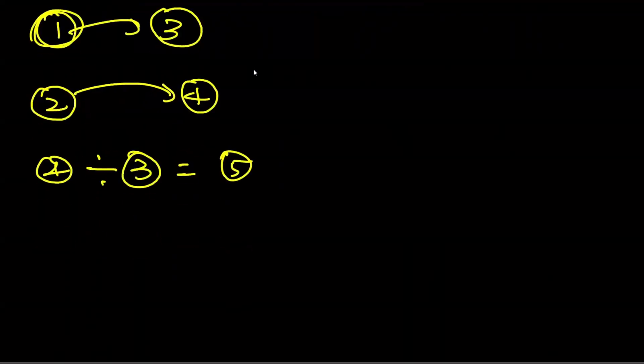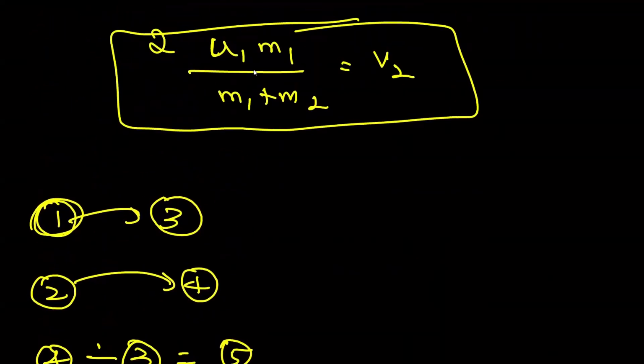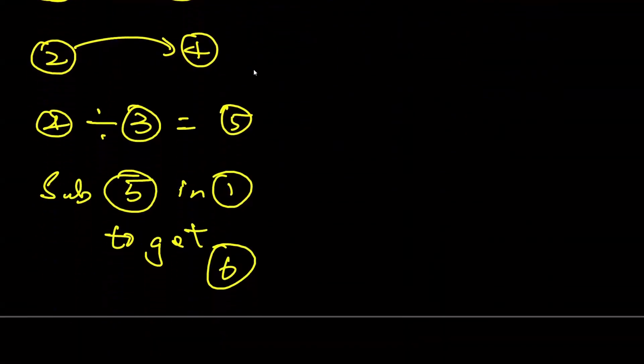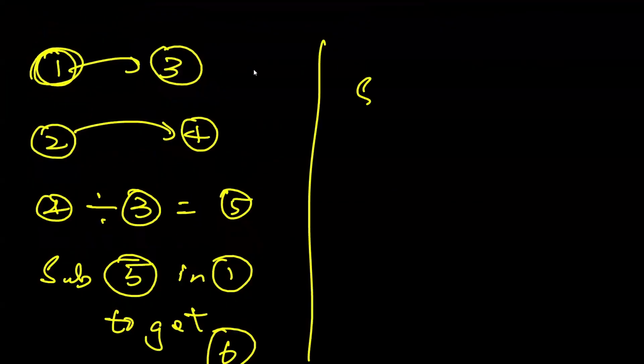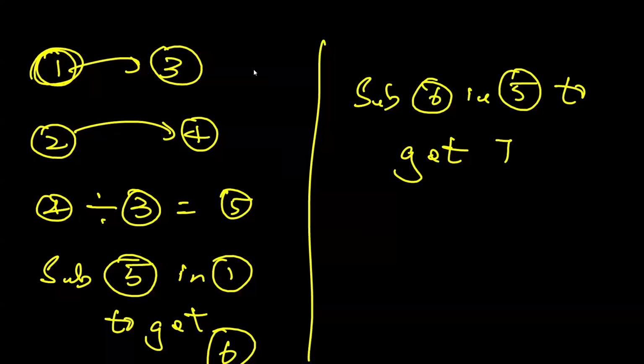Once you get equation number 5, substitute 5 in 1 to get 6. Once you get the sixth equation, substitute 6 in 5 to get 7. That's it. So these are the steps.